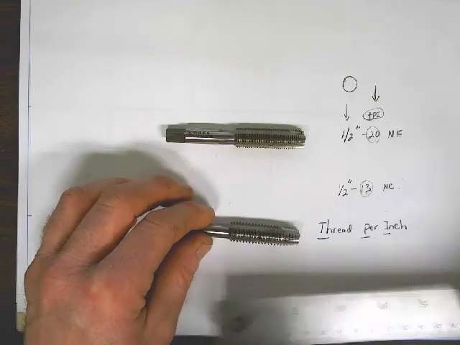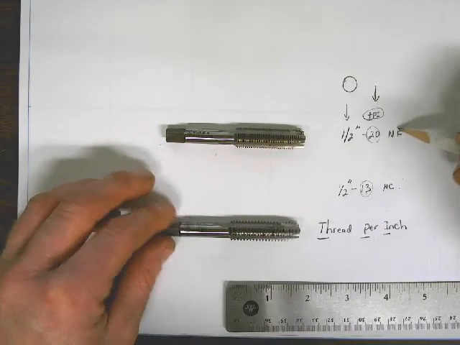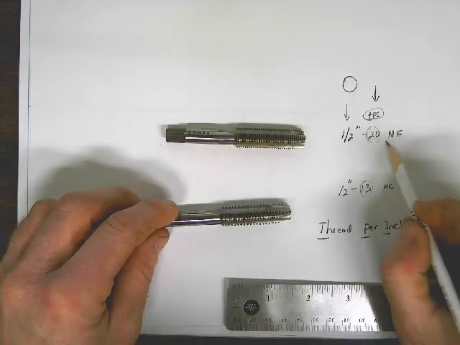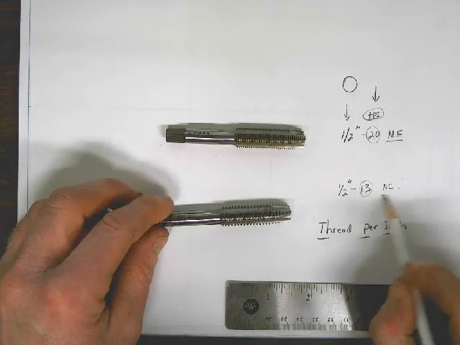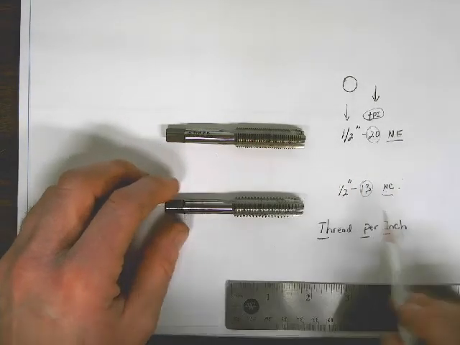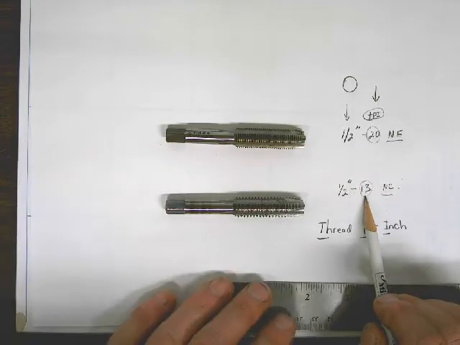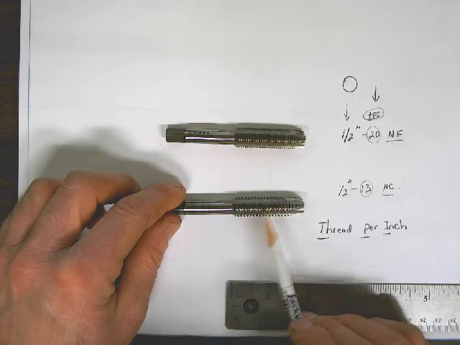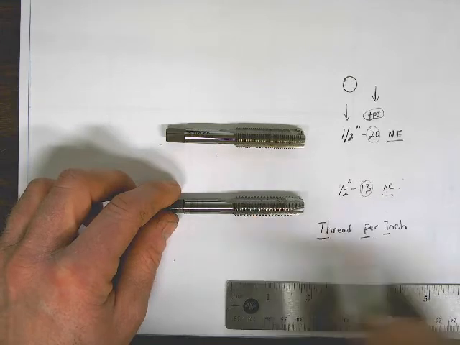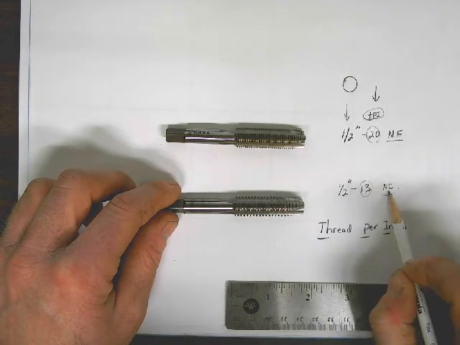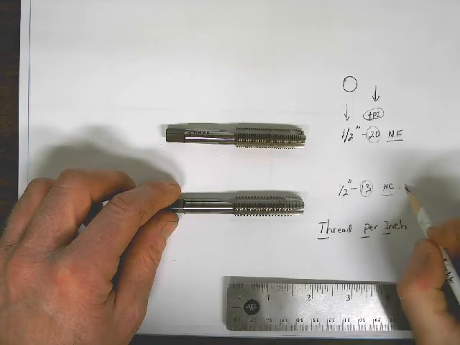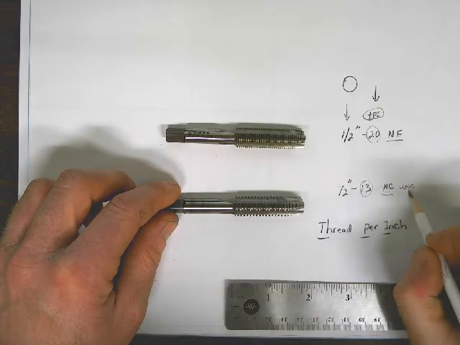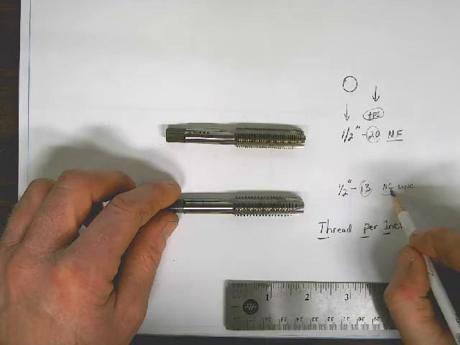Okay, so now going on to the next letters that we have on the tap, we have an NF and an NC. The 13 is generally going to be a coarser thread because we have fewer threads per inch. So this is what that NC means. It's usually an N or UNC, which is Unified National Coarse Thread.